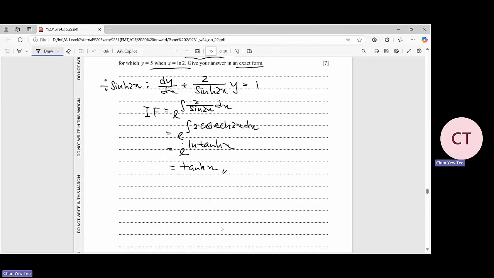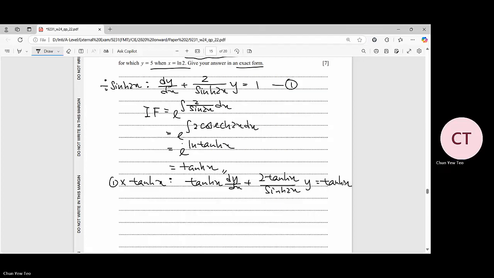Now I multiply everyone by the IF, this is equation 1. So I get tan x dy/dx plus 2 tan x over sine 2x times y is equal to tan x.